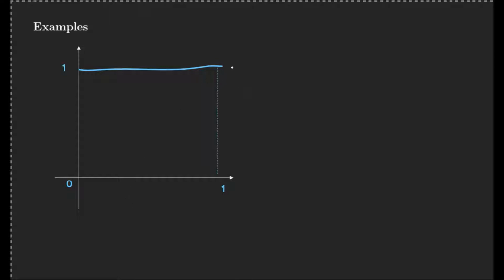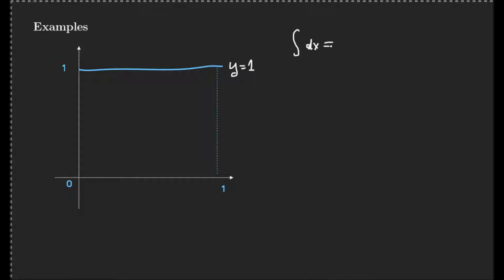This is the familiar function. It's a constant function, y is equal to 1, and this is clearly a continuous function. So this is clearly Riemann integrable: the integral of 1 dx, or just written dx.